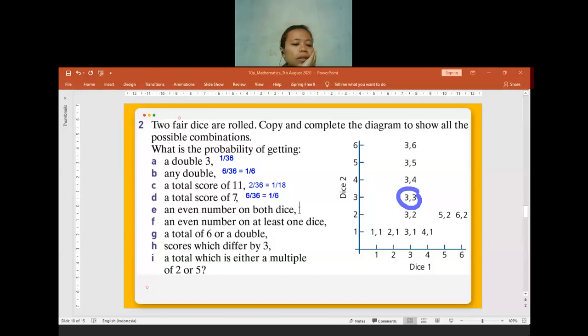How many are both even? 9 by 36. 9? Is there anyone who gets confused about getting 9? 1 by 4.